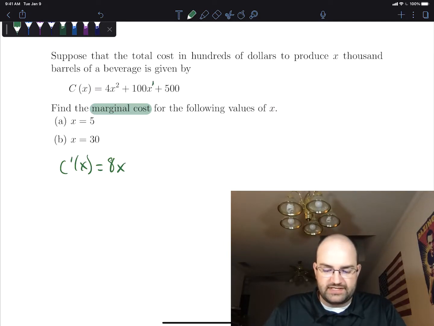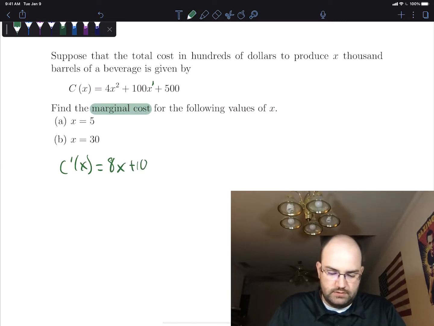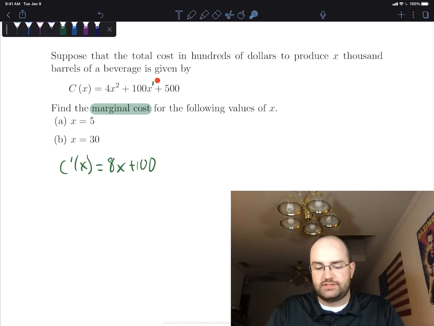There's a 1 as an exponent. It comes down in front. 1 times 100 is just 100. And then x to the 1 minus 1 is 0, which means the x goes away, so there isn't anything there. Now for the last term, 500 is just a constant. It goes away because the derivative is 0.